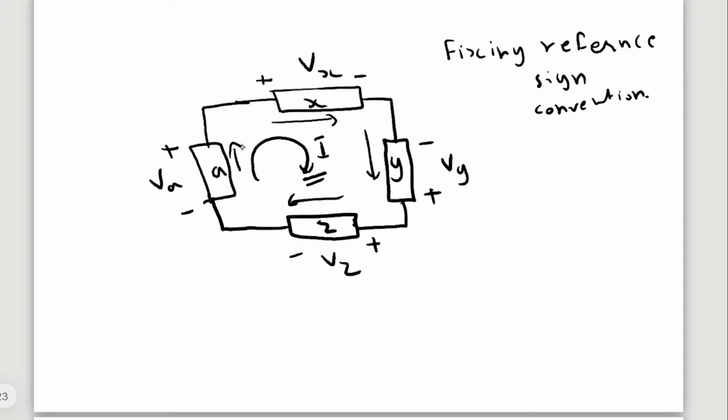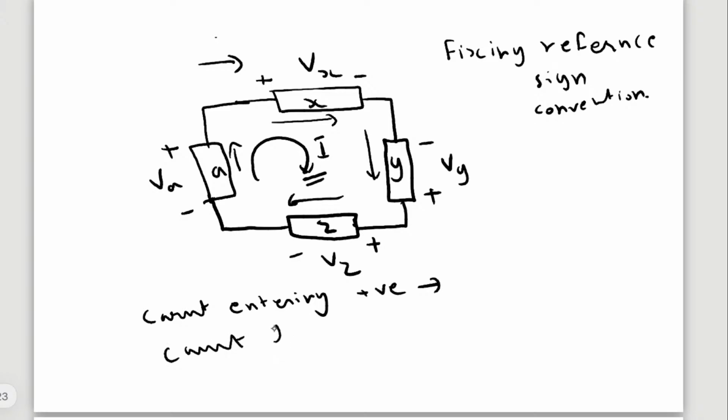So current entering positive, and current leaving positive. These are the two conditions where we have to fix the sign convention of voltage.